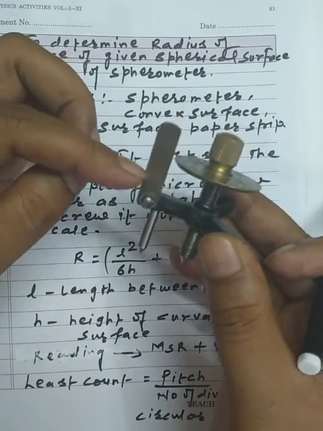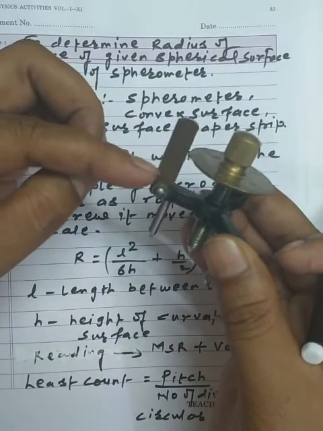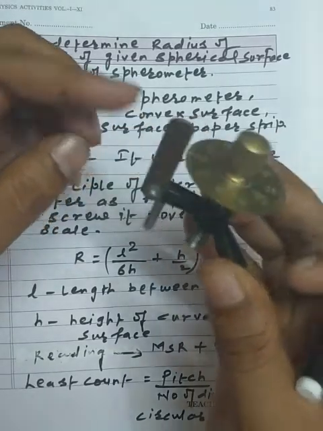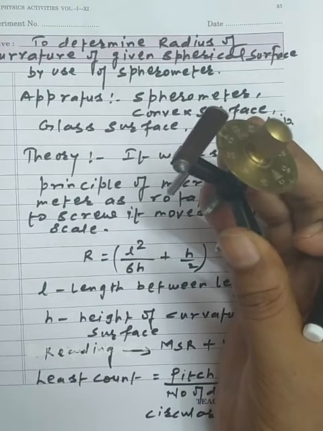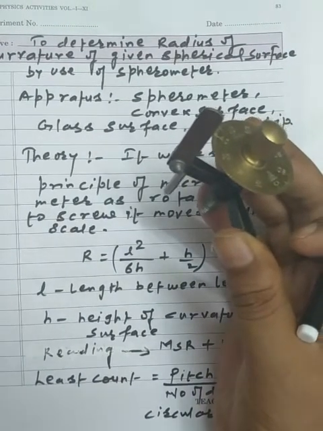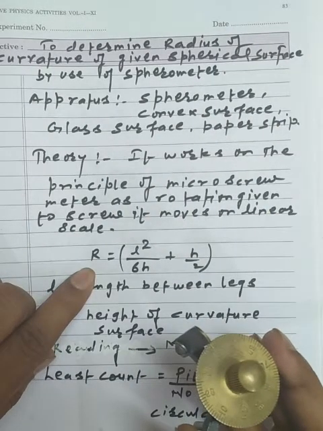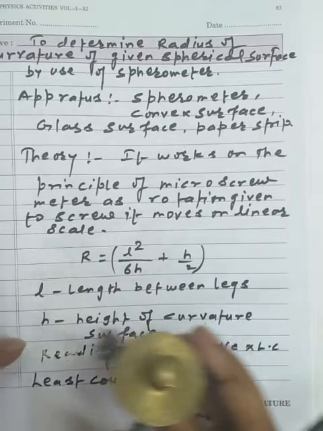The linear scale on the vertical strip is available in a length of 20 mm. Whatever measurement we take from the spherometer comes in mm, and at the end, when calculating the radius of curvature, we will convert all parameters into centimeters.